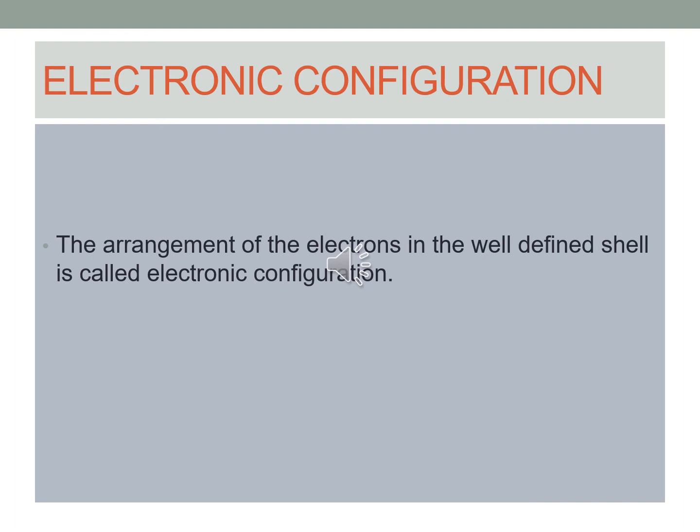In figure 4.3, carbon has how many valence electrons? 4 valence electrons. So that's why carbon has 4 valence electrons in the shell L. Okay, did you understand, children?